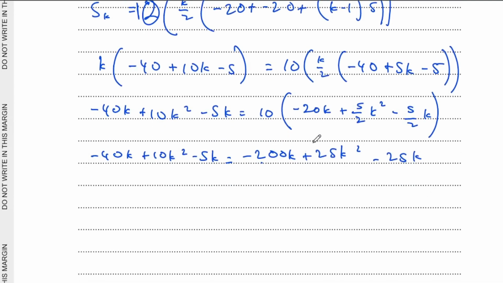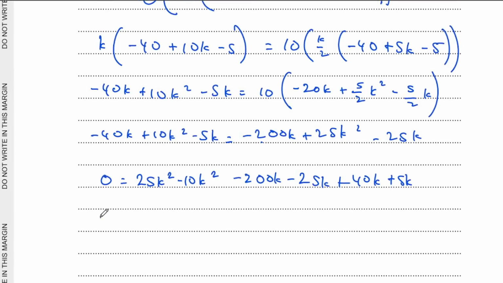And now we can just put them all on one side. So let's bring everything to the right. So 0 equals 25k squared minus 10k squared minus 200k minus 25k plus 40k plus 5k. Okay, and we're going to get 0 equals 15k squared, negative 200 minus 25 plus 40 plus 5 is going to be minus 180k.